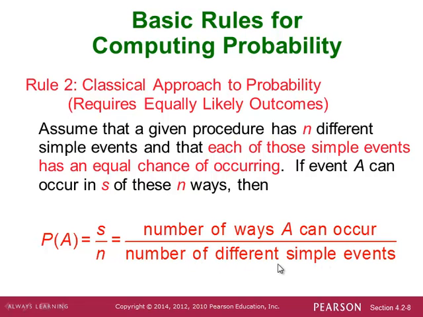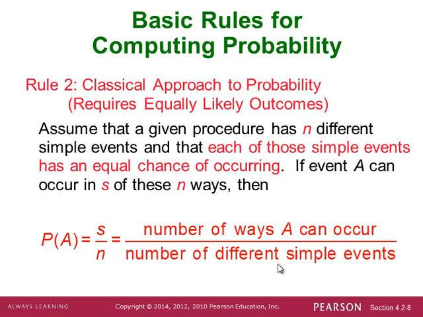So for example, suppose that we want to calculate the probability of rolling an odd number when we roll a die. And it's a fair die, meaning each side is equally likely to come up.